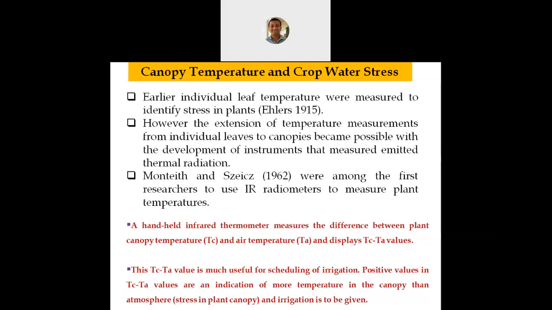So with the help of infrared thermometers, the canopy temperature of the plant can be measured easily, and this measurement gives us an idea whether the plant is under stress or not by comparing the temperature to the air temperature.